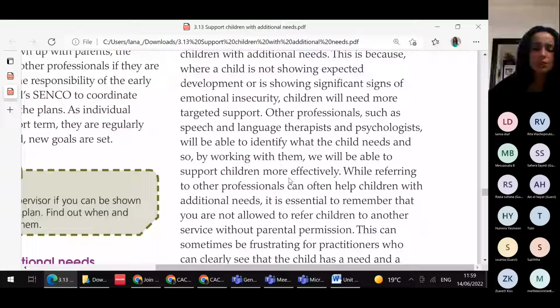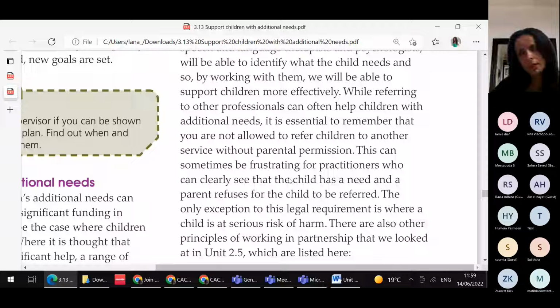And it's very important for us as practitioners to remember that we are not allowed to refer children to another service without parental permission. So without the parents' permission, we wouldn't be able to refer the child to any professional, and wouldn't be able to work in partnership with them.